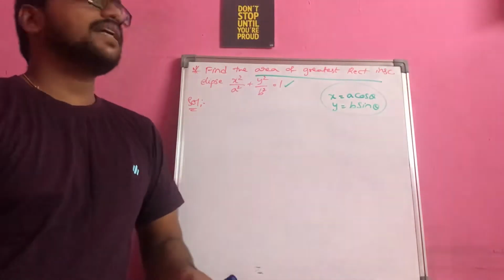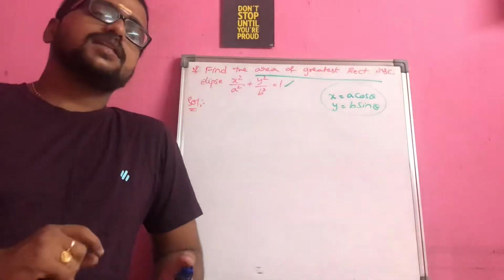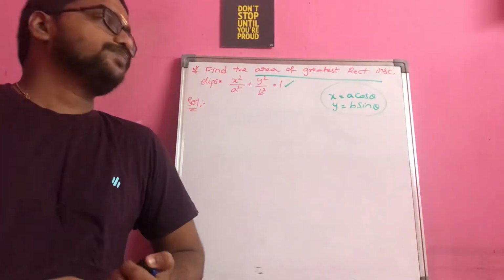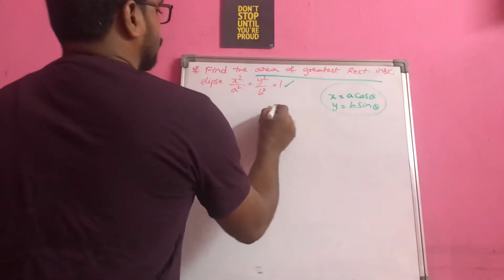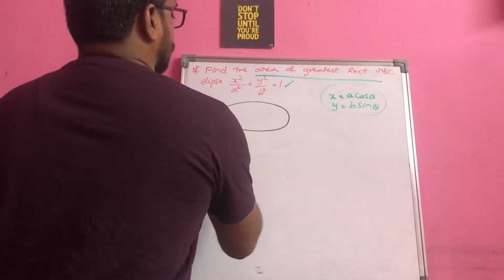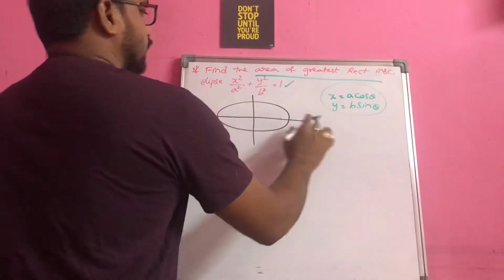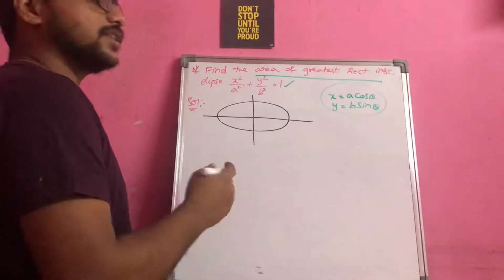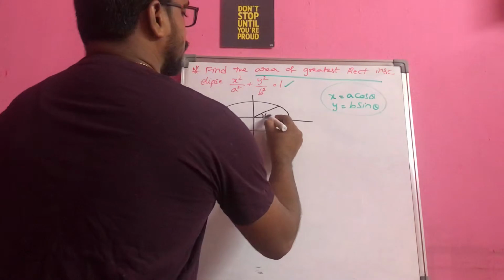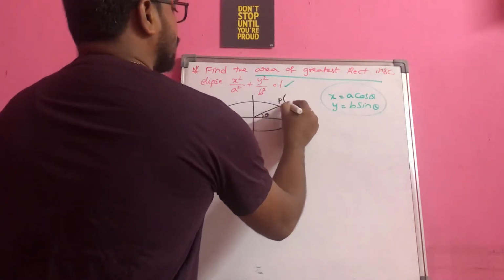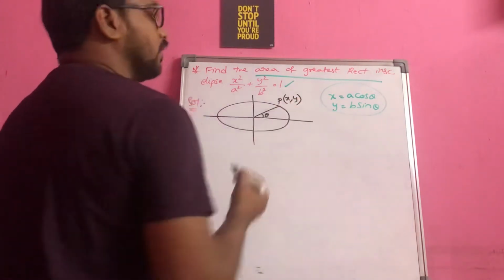So what does it indicate here? Theta is nothing but the angle in Q1. If I have an ellipse like this, this is the major axis, the x-axis, and the y-axis is the minor axis. If I have a theta here, I take this point P(x, y), which is lying on the ellipse.